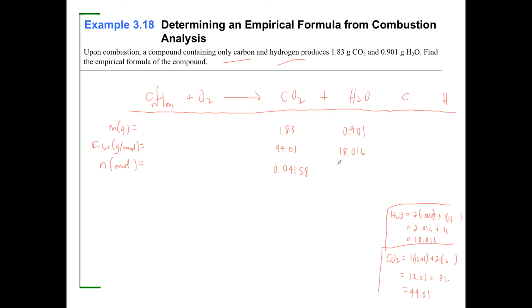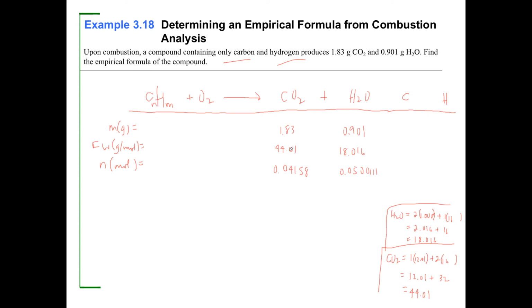And the moles of water is 0.901 divided by 18.016, which is 0.0500111.